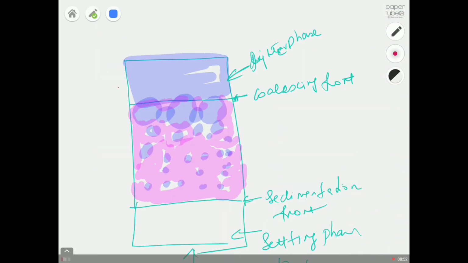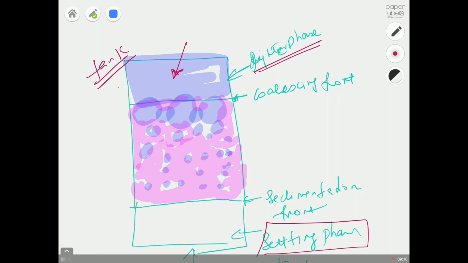A few more notations or terminologies that you should know. This is our tank where we are performing this experiment, and whatever phase is on the top, obviously it's going to be the lighter phase, and whatever is in the bottom, we can call the settling phase. And the top of this settling phase, this border, we can call the sedimentation front.